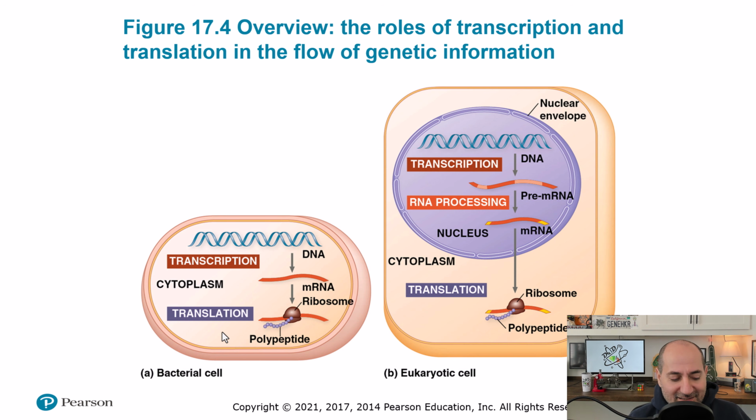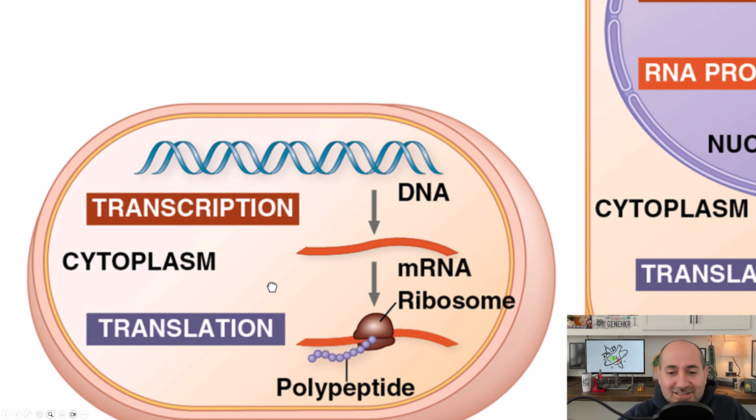And by the way, let me tell you something. This is a little bit jumping ahead, but I think you can follow along. Did you know that in a prokaryote, like a bacterial cell, translation, which is the second step, right? Translation can actually begin before transcription is even finished. Isn't that interesting? So look at this.